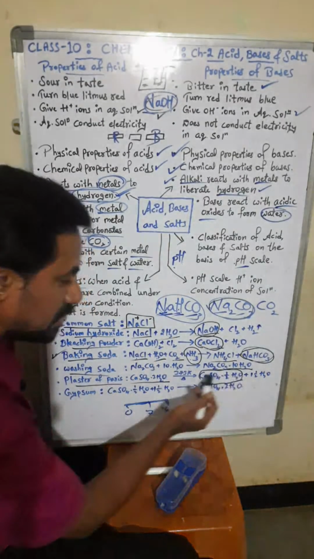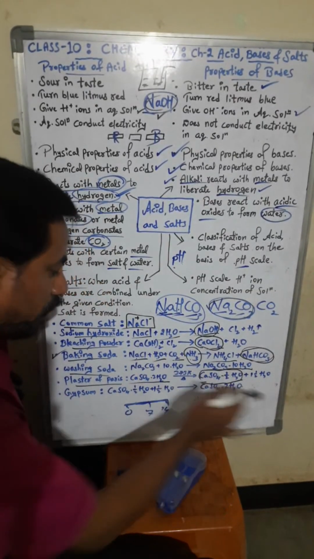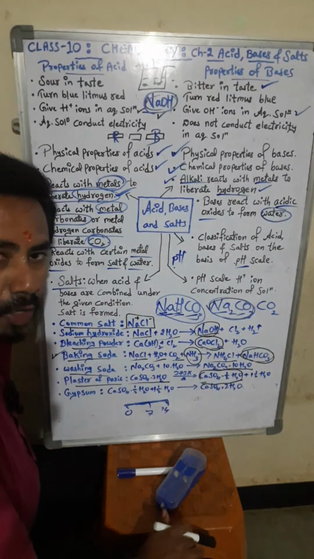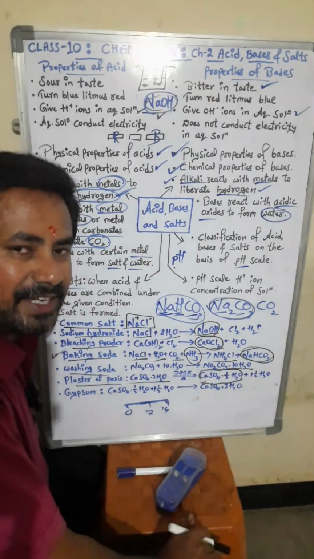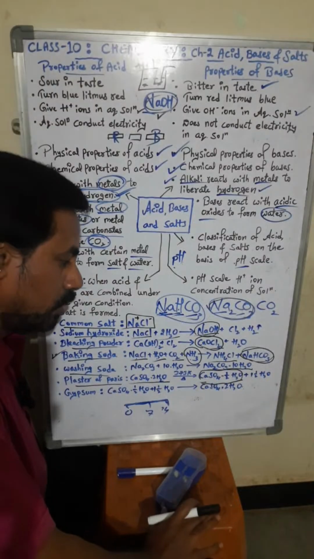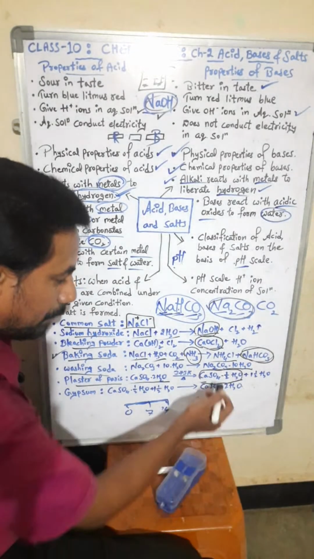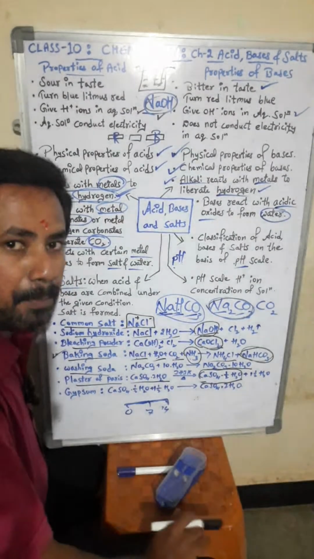A small amount of water is also formed when we do this reaction, students. So we get plaster of Paris by heating this compound.